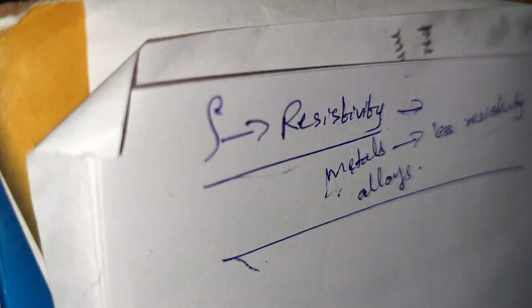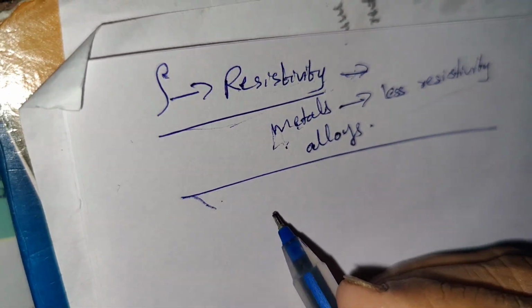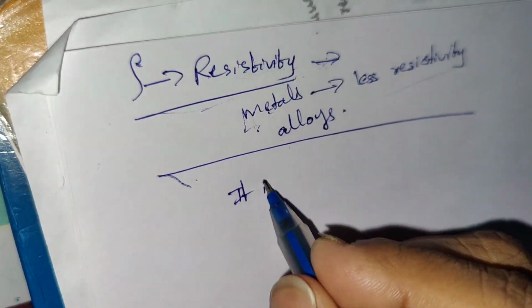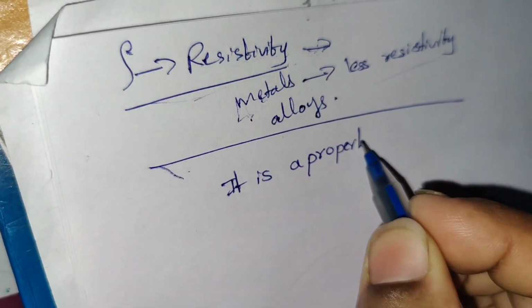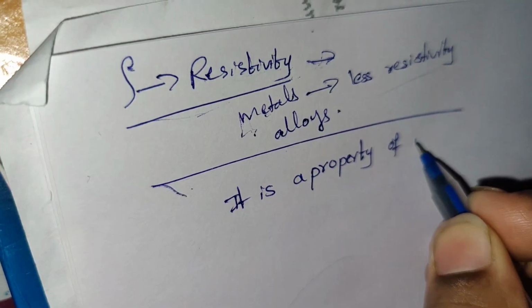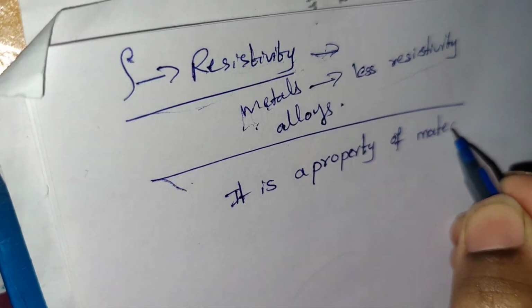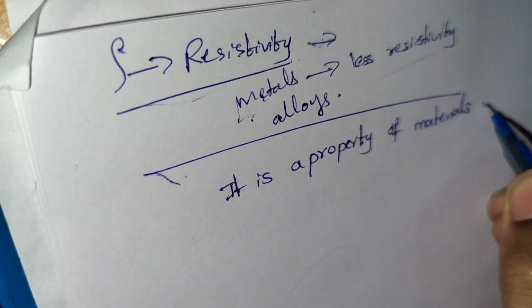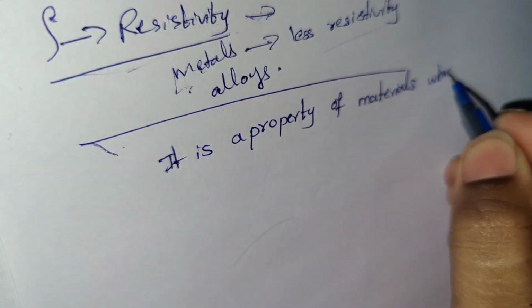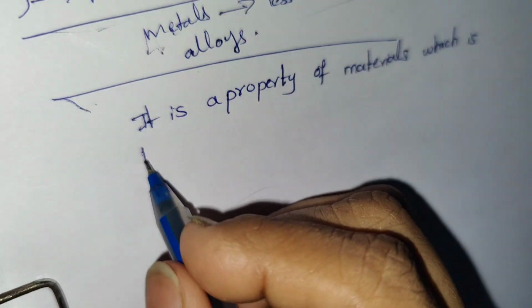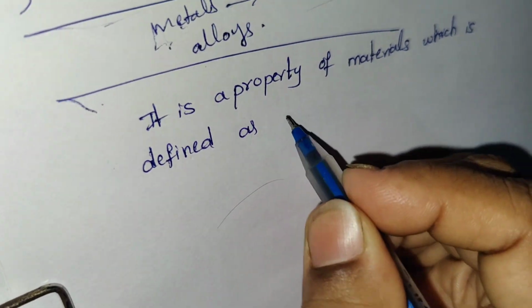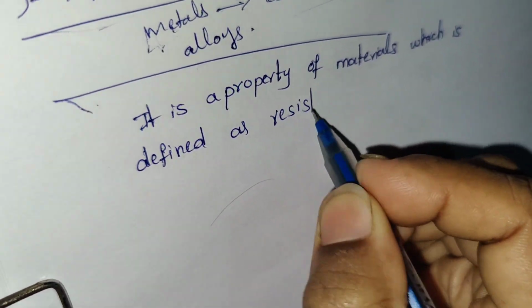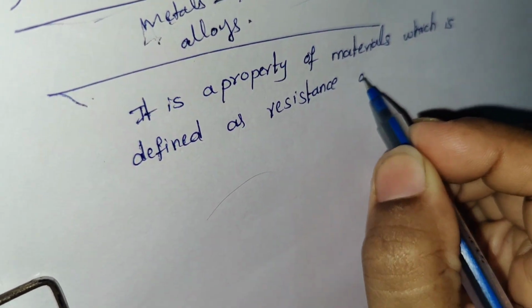So I will write resistivity. It is a property of materials, which is defined as resistance of a material.